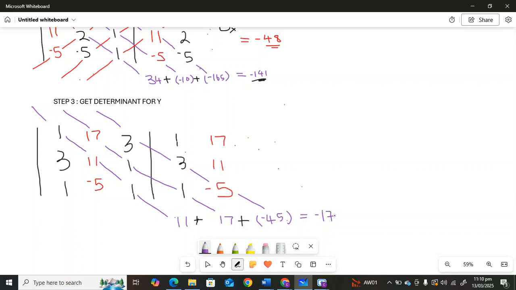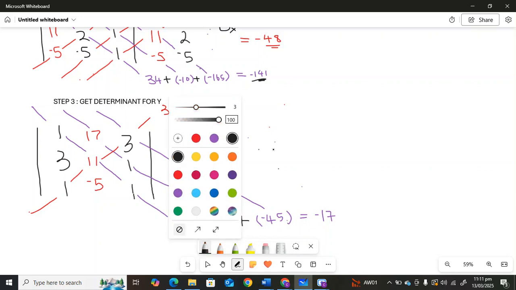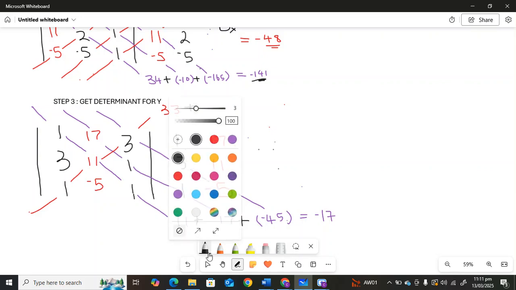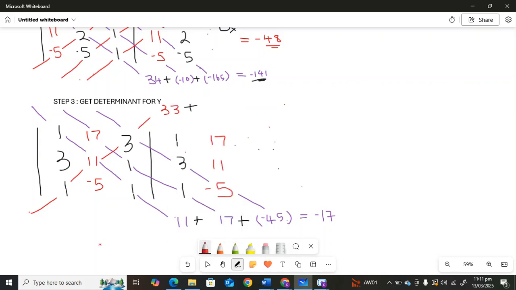All right. Then we go to the other diagonals, the trailing one. 1 times 11, 11. 11 times 3, 33. Negative 5 times 1, negative 5.